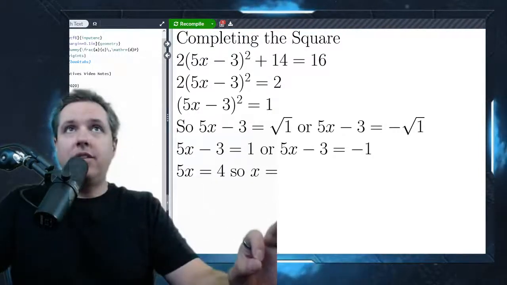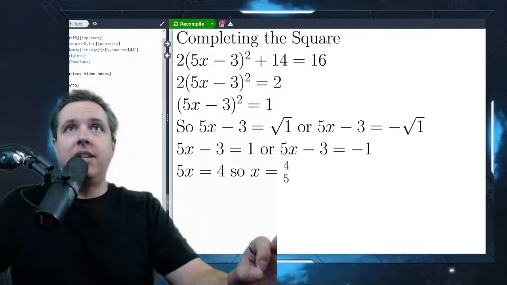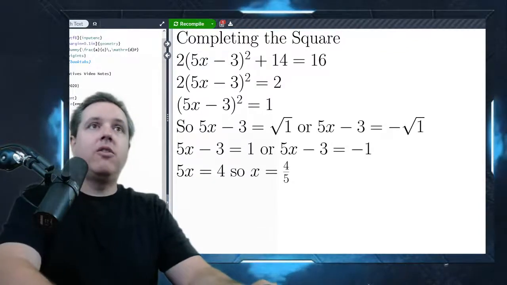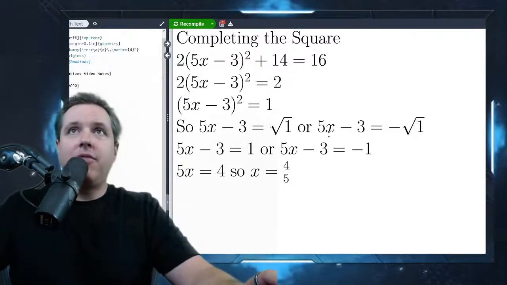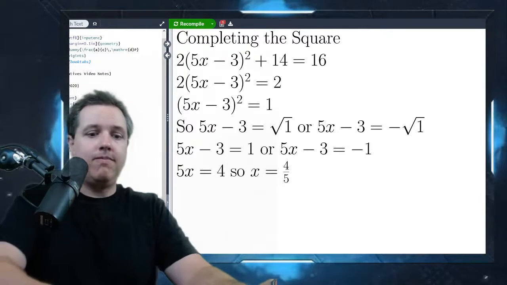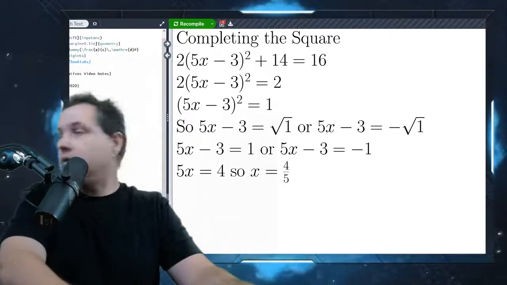Okay, so 4/5 should be an answer if I didn't mess anything up. And the other one, if I add 3 over here, I get 2. So 5x equals 2.